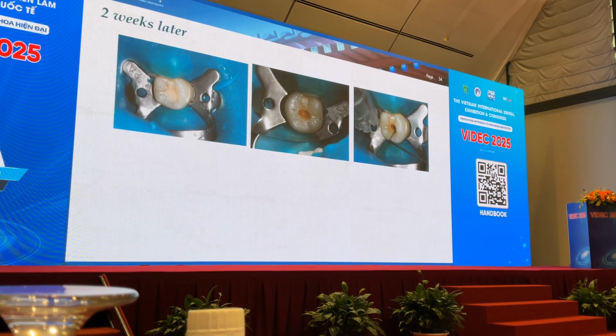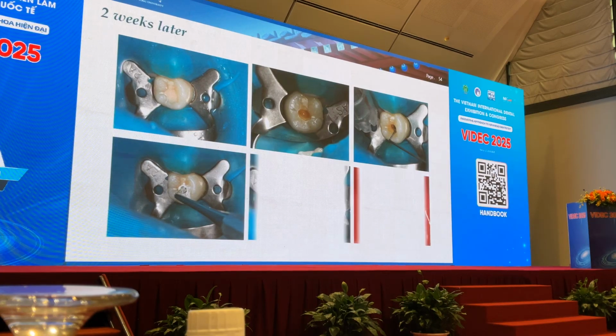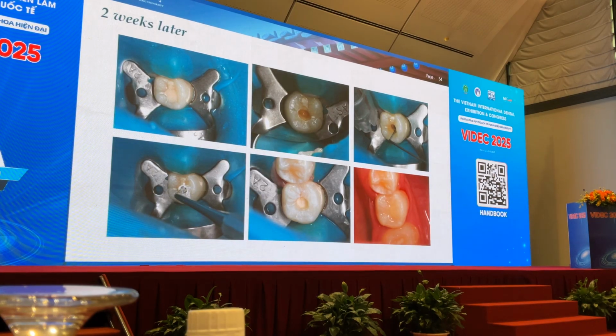So just remove the necklaces and put the material, still calcium hydroxide preparation because it's 10 years ago, right? Then we make the base with glass ionomer cement, and do the final restoration with composite.